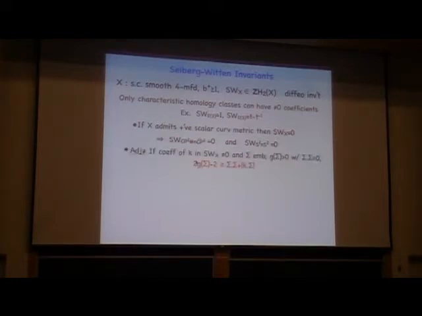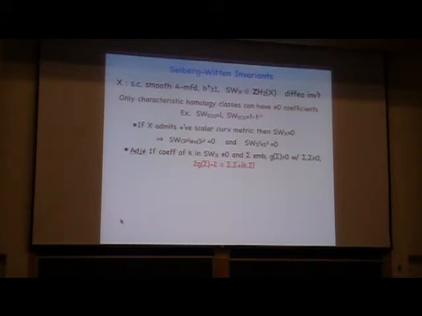And another important fact is the adjunction inequality, which tells you that if you have a homology class, and its coefficient in this Seiberg-Witten polynomial is non-trivial, then it satisfies an inequality.